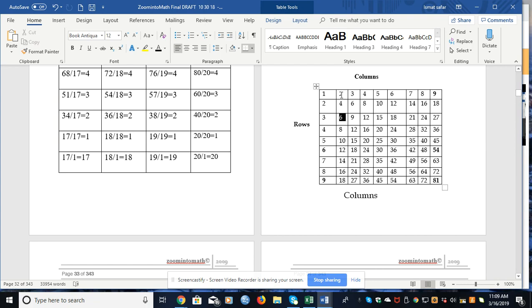Remember, it has to be the same. The answer is corresponding to the number you started with. 2 times 3, 6. 3 times this one here is 9.